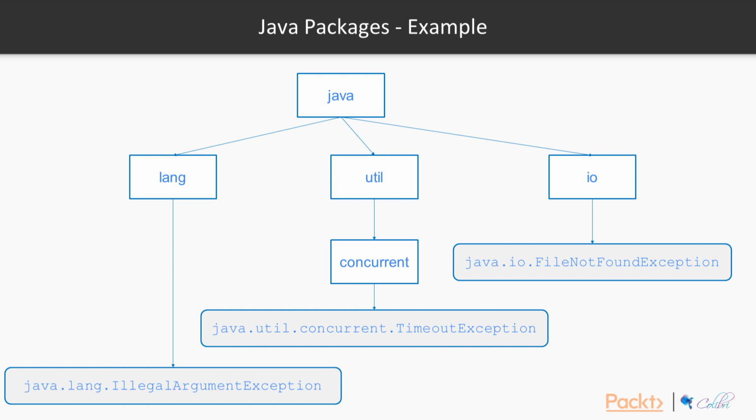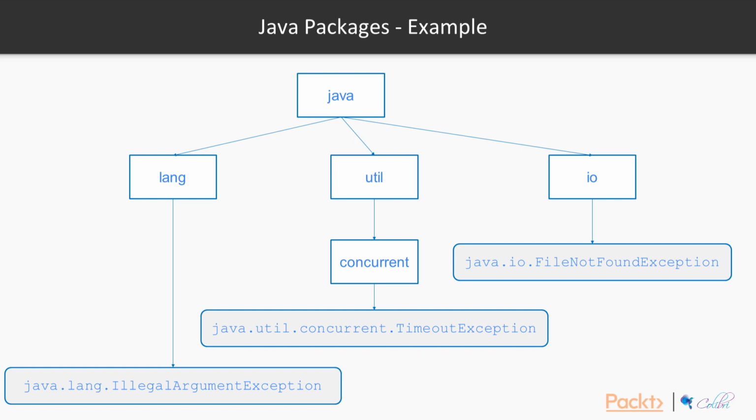Despite the fact that all three of them are exceptions, IllegalArgumentException is a generic language-related exception, therefore it falls under the lang package. TimeoutException has to do with concurrent execution, therefore it will fall under the concurrent package of the Java API.